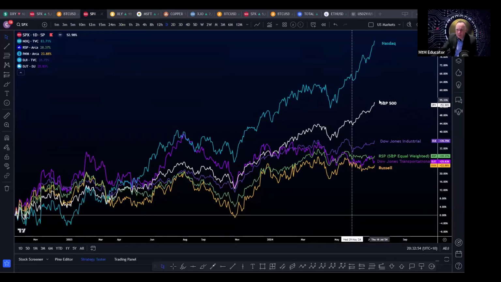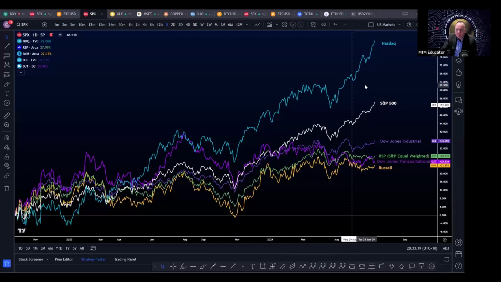And when you look at that, we've really seen divergence. So yes, the NASDAQ and the S&P 500 has outperformed the Dow Jones, has outperformed the equal weighted, it's outperformed the Russell, which are all the sort of middle and small caps. But the biggest concern is actually that from the 29th of May, it hasn't only outperformed, we've actually had divergence.